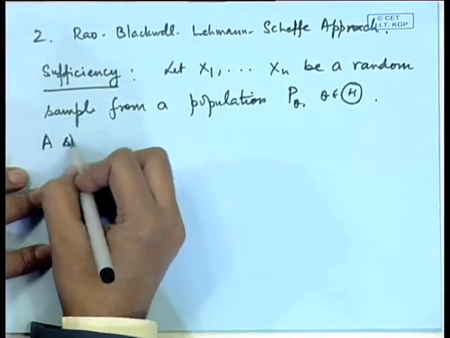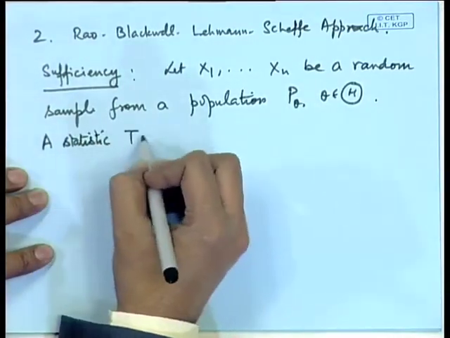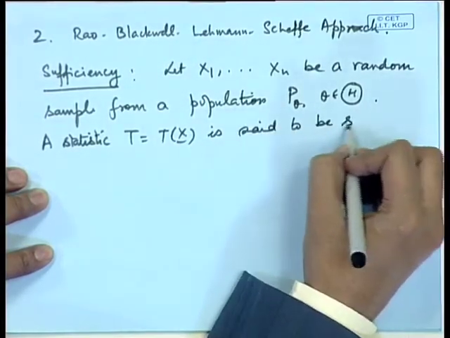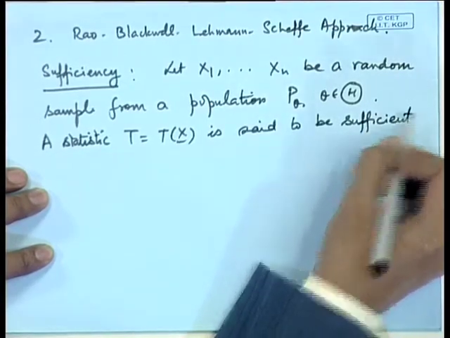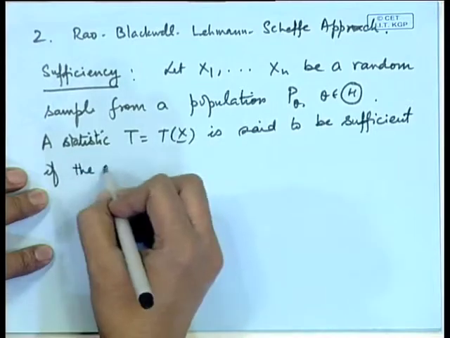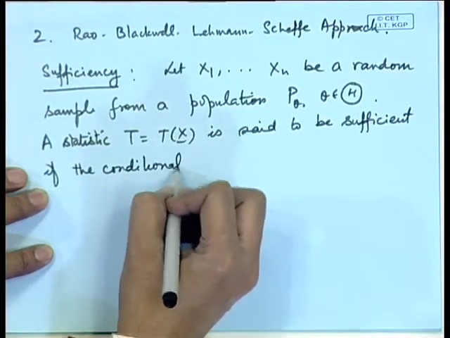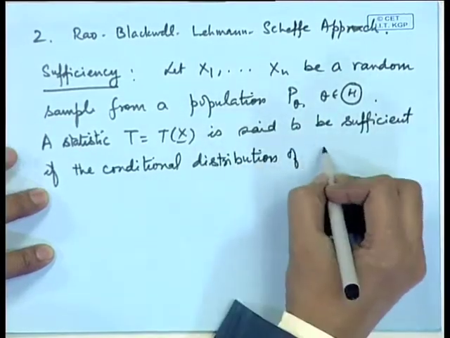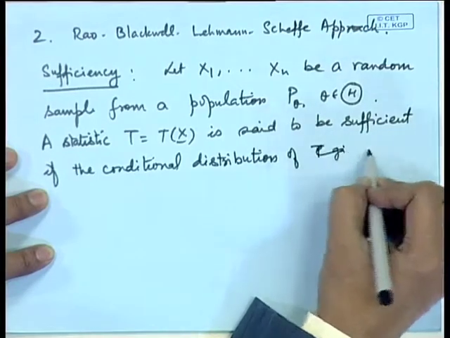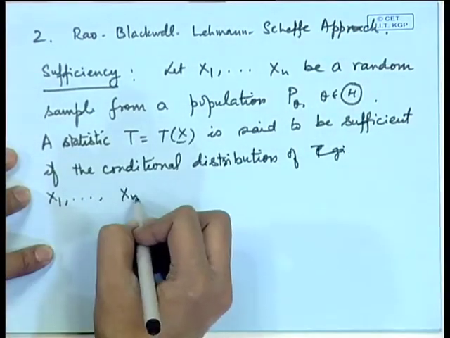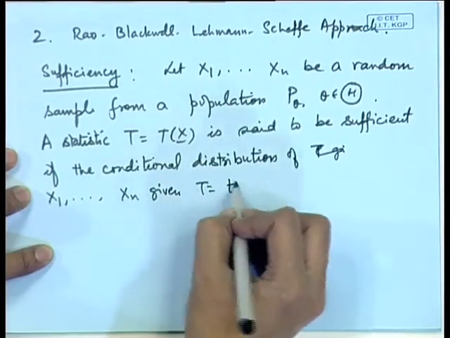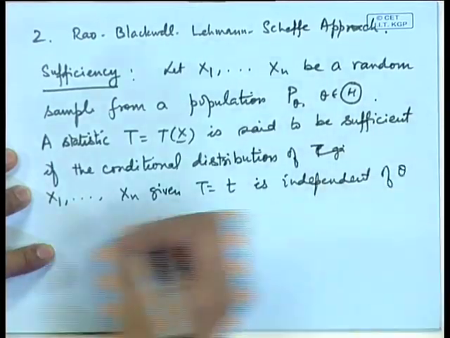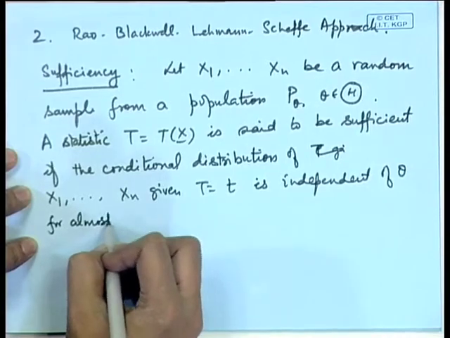Then a statistic T is said to be sufficient if the conditional distribution of X1, X2, ..., Xn given T equal to t is independent of theta for almost all t.